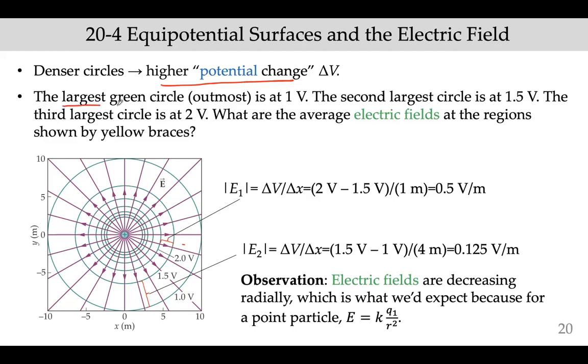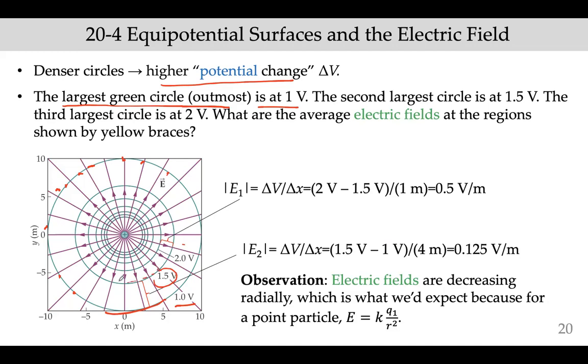For example, the largest green curve circle, the outmost circle, is at 1 volt. Any point on this circle has 1 volt. Its potential is 1 volt. The second largest circle is at 1.5 volts.